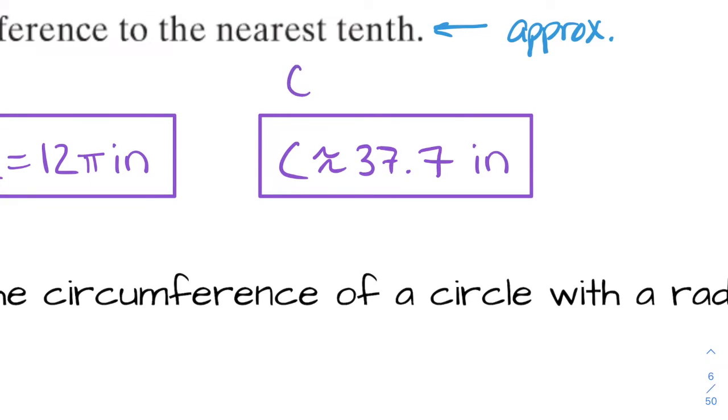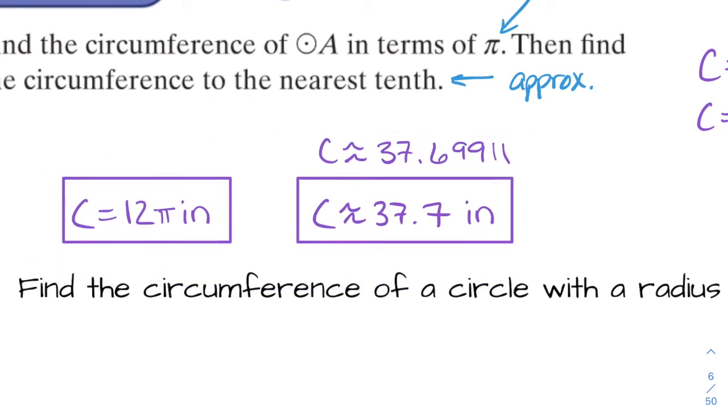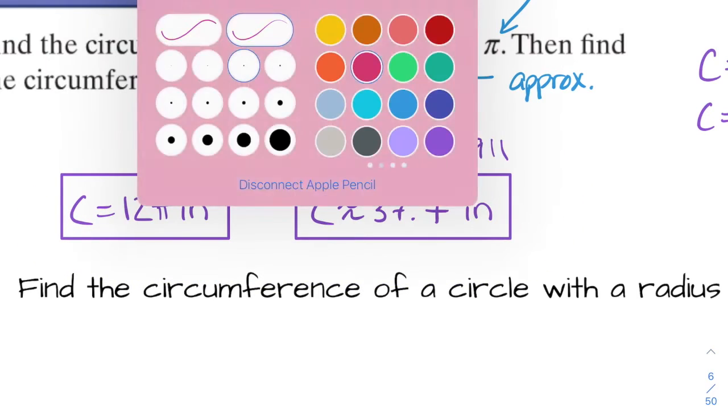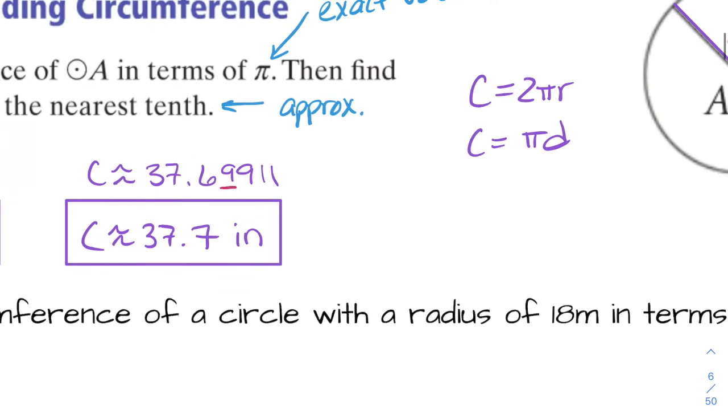And the way we get that is when we type in the calculator, it was about 37.69911. And that rounds to the nearest tenth. So we're going to focus on the 9 raising the 6 up to a 7.